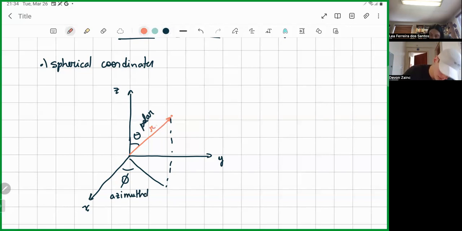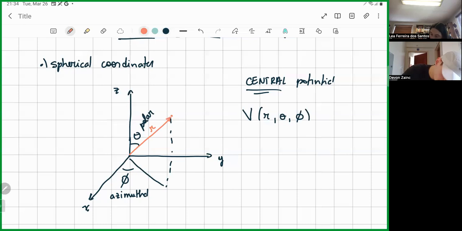Let's say r. What does it mean, central potential? That's a potential that depends only on the distance r. So in general, our potential could depend on r, theta, and phi. We are assuming that it does not, that it depends only on the distance. This is exactly what we have in the hydrogen atom.